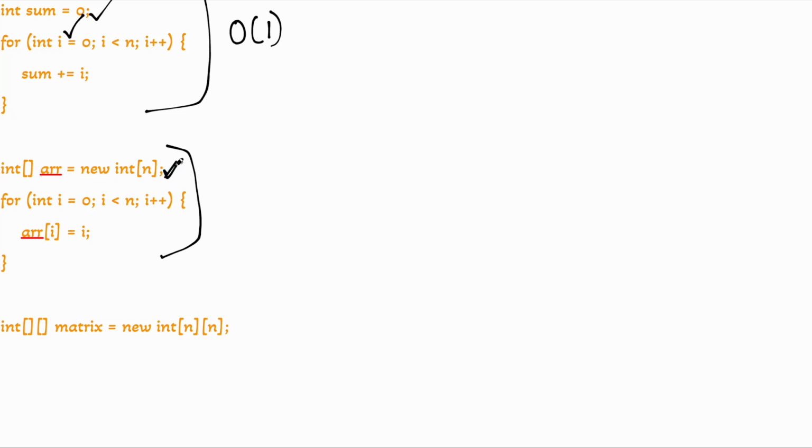Based on the size of input, this array size will also increase, so it's order of n extra space. And here we are declaring a matrix itself, so based on the input size the space will become order of n square.